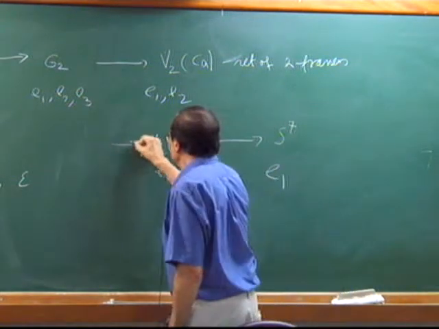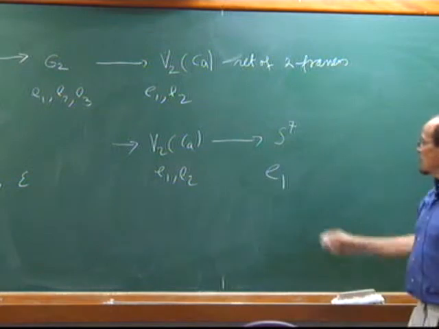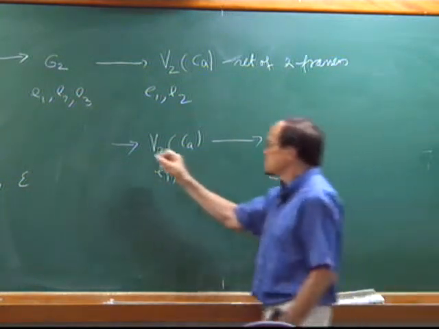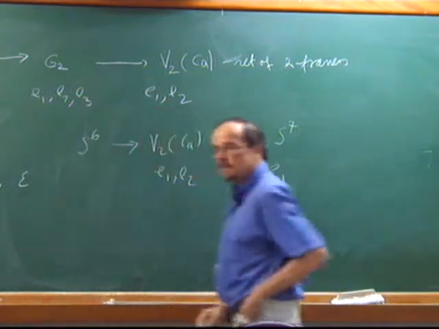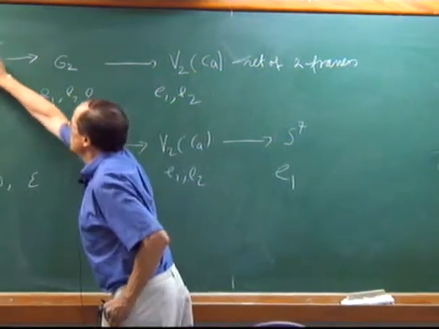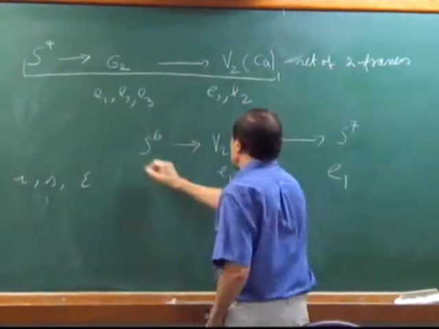What's the fiber? Well, it's a unit vector orthogonal to that, so that's S6. So I have two fibrations, this one right here, and this one right here.